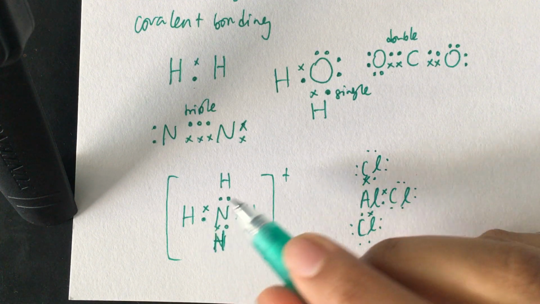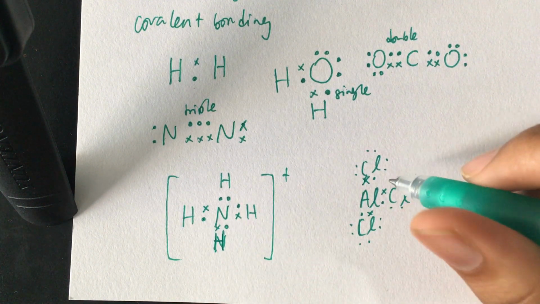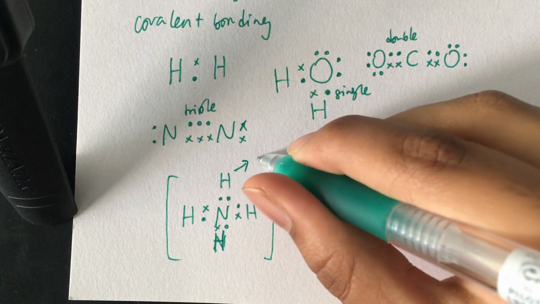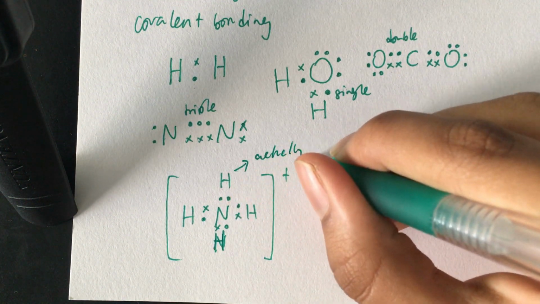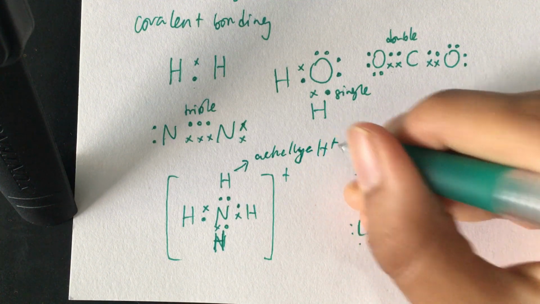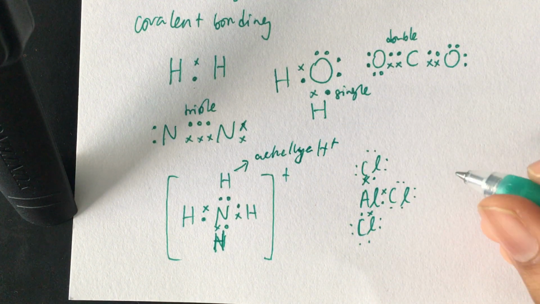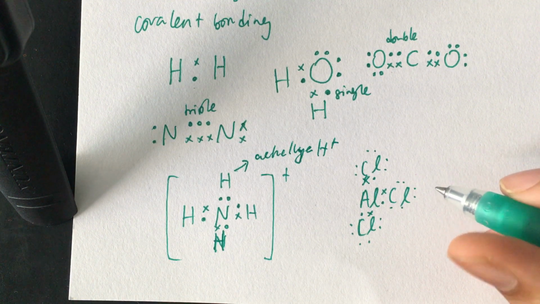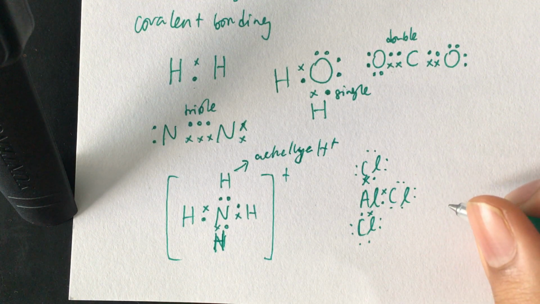If it still wants to have only 8 electrons in its outermost shell and another hydrogen comes along, then the hydrogen has to lose its electron and become a proton, so it's now H+.